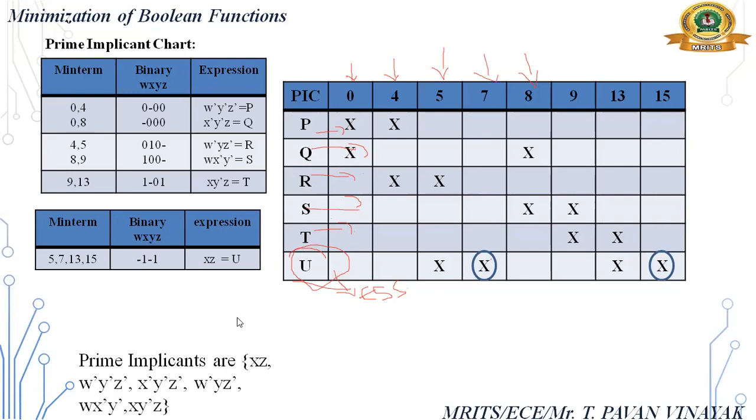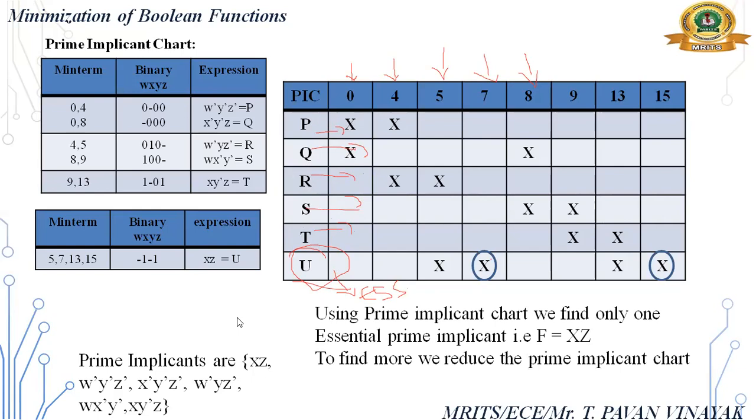So for that purpose, we have to reduce the prime implicant chart. How do we reduce the prime implicant chart? Here U is selected as essential, right? So remove this row completely.